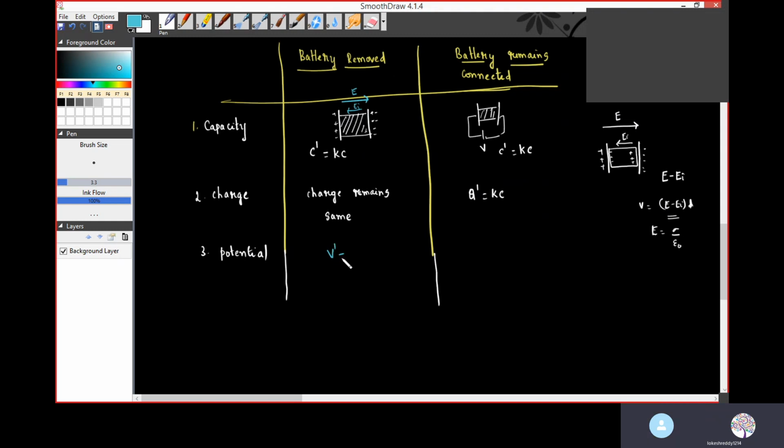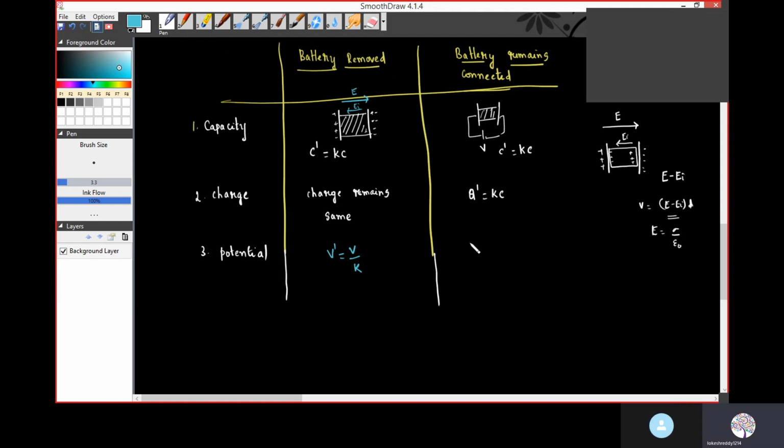Even if the battery is removed, you have charges; this charge will induce negative charge here, and this negative charge will induce positive here. So you have an electric field in the opposite direction, the electric field will decrease, and as the electric field got decreased, the potential will decrease.